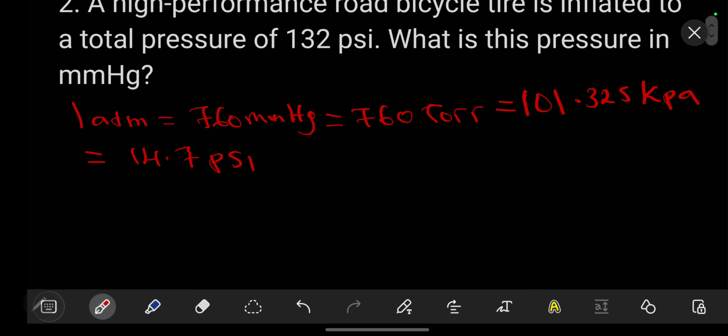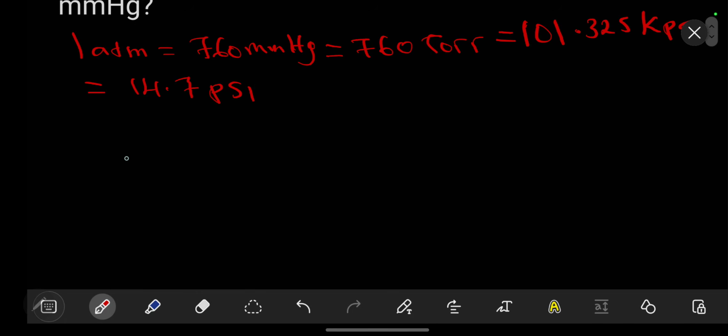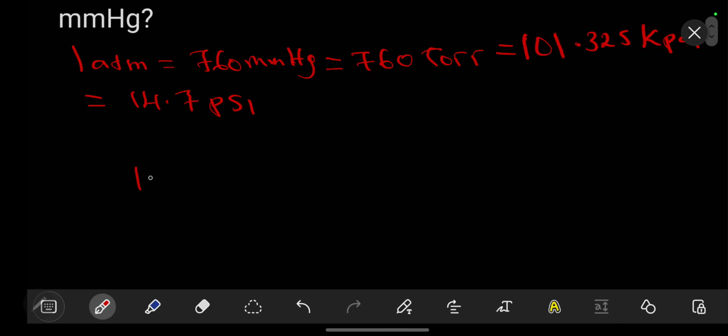Having done that, we can now convert this to a pressure in millimeters of mercury. If we have the value of 132 pounds per square inch, we can multiply using the chain link conversion. Since the pounds is there, we also put the pounds.